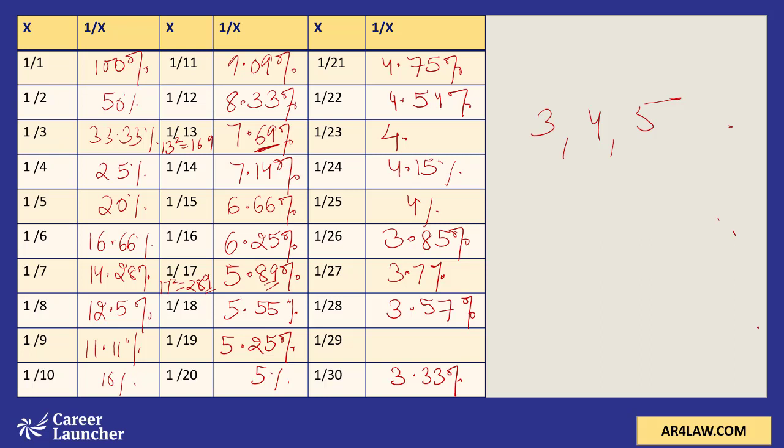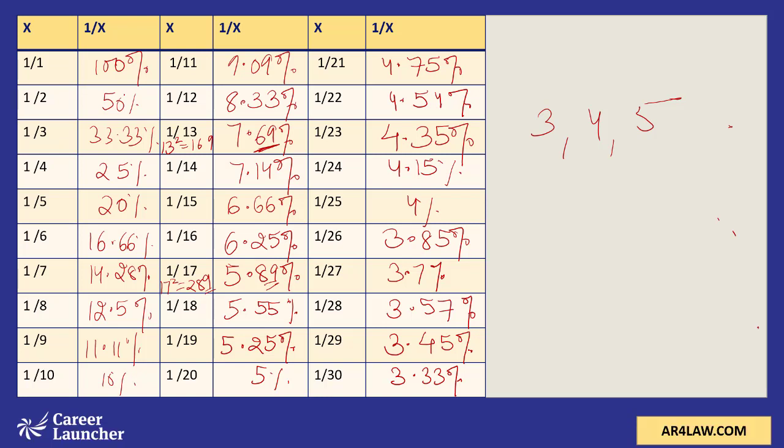It cannot be 4.53 because it would be too close to 4.54. It has to be 4.35. And similarly, 1 by 29 has to be 3 point something. Two options, 3.45, 3.54. 54 would happen too close to 57. So that's why it's going to be 3.45%. Now this is a complete list of reciprocal equivalents from 1 by 1 to 1 by 30.